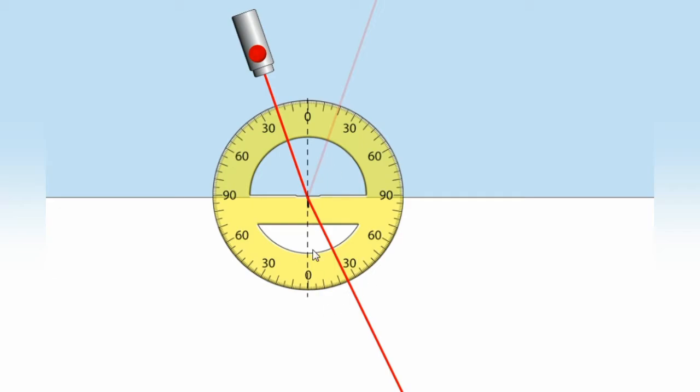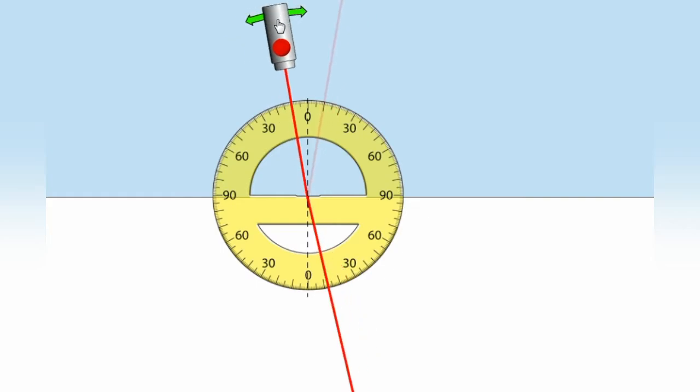In total internal reflection, it is also a reflection, but it is a total reflection. Let's see the meaning of total reflection. This is the source, and here I am incident light at an angle of 10 degrees.